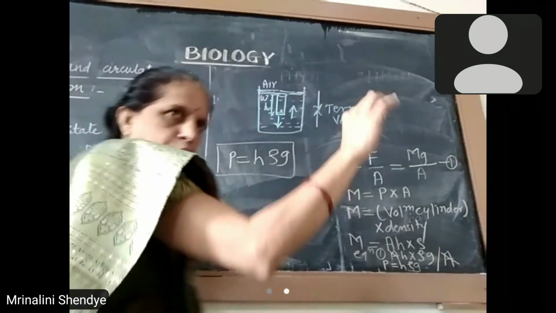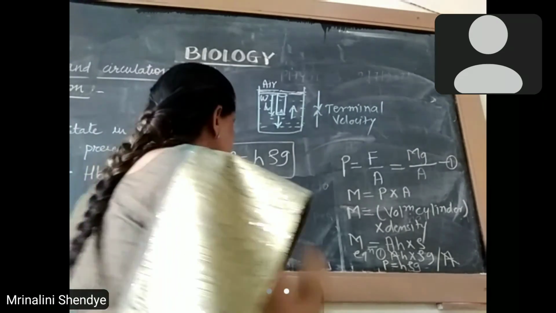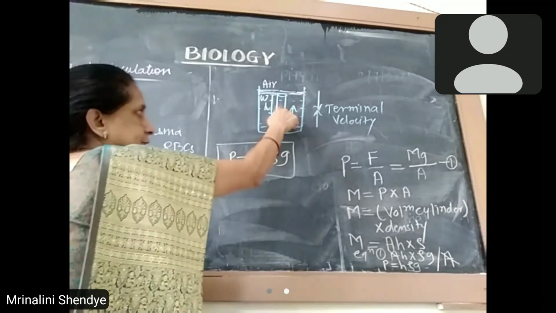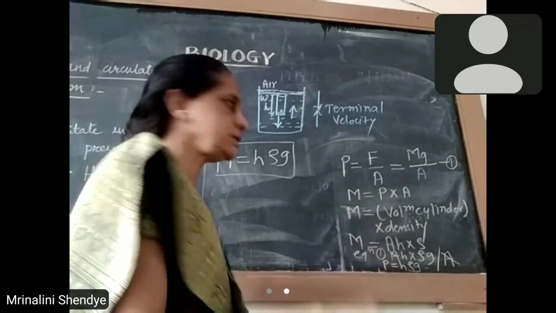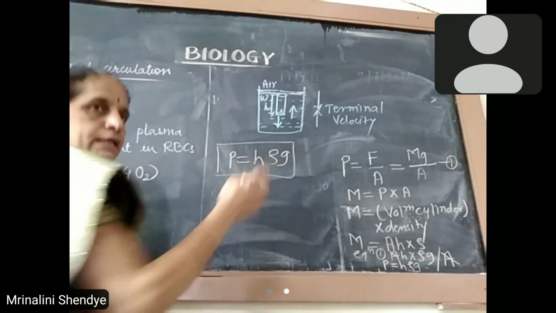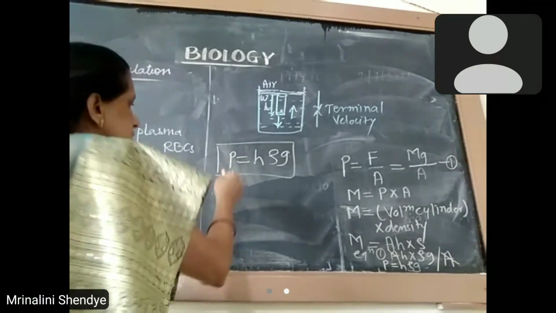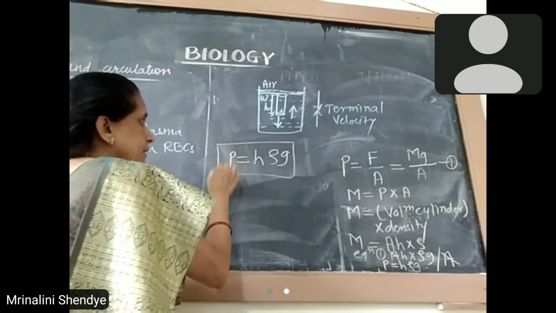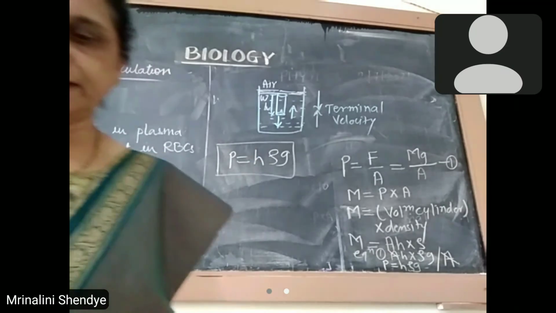Any body may have different types of height, but H is the height. Rho is the density of the medium used there to find the pressure. G is the gravitational acceleration acting in the liquid. So the pressure at any point inside the liquid can be calculated like this.